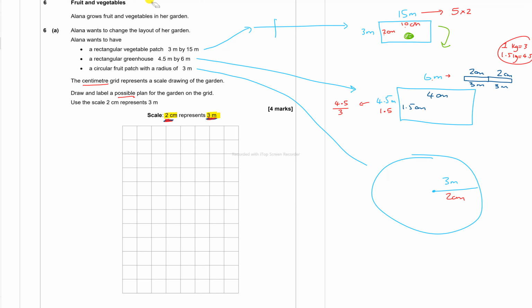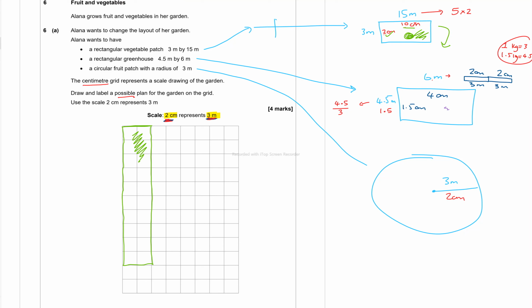Right, I'm going to draw 1, 2. So I've done this bit. Now I'm going to draw that 10 down here. 1, 2, 3, 4, 5, 6, 7, 8, 9, 10. So there is my veg patch. Let's do the next one.